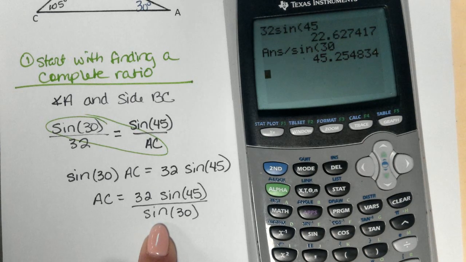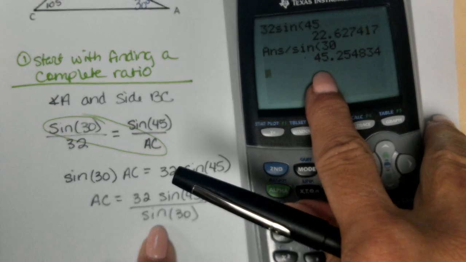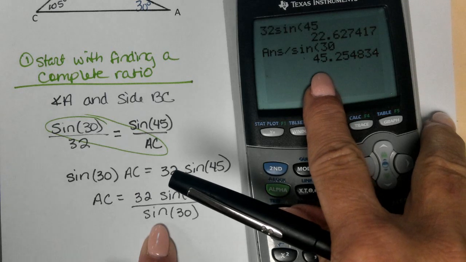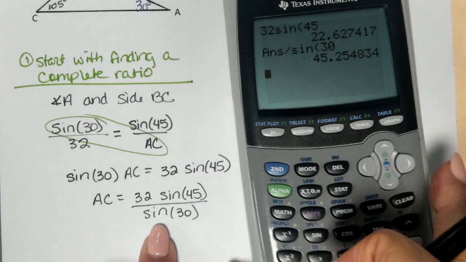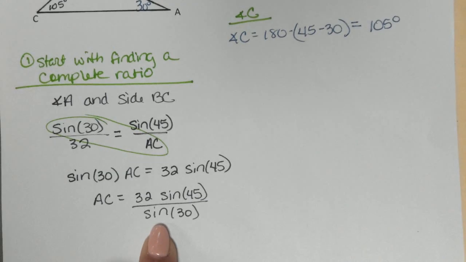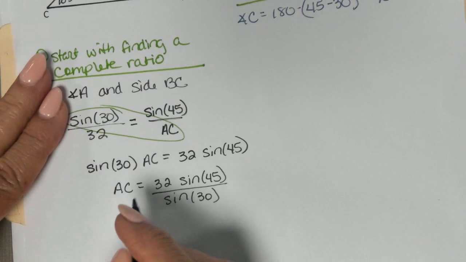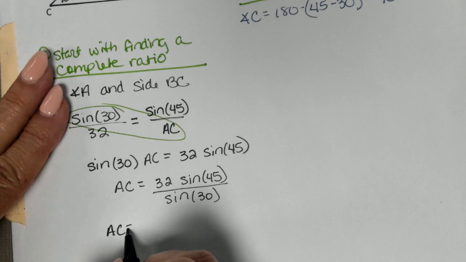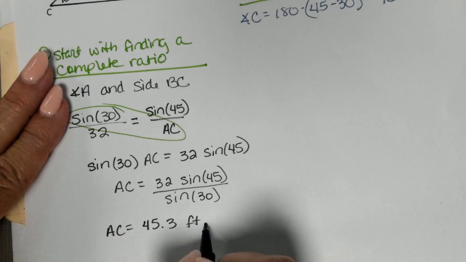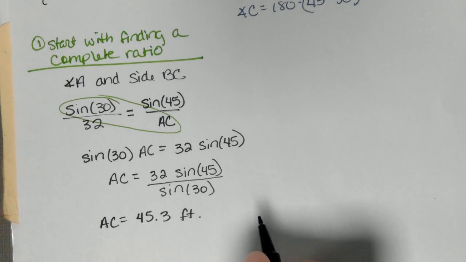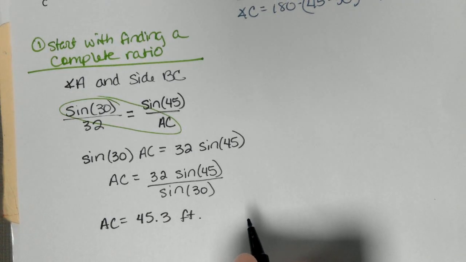You should get about 45.3. What are we measuring in? Feet. So AC has a length of 45.3 feet. All right, we got that side done.